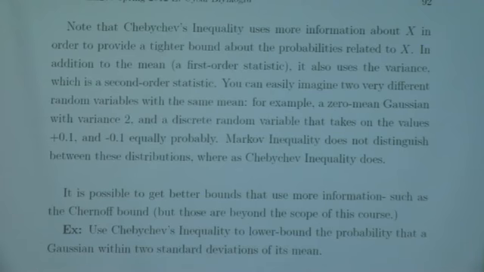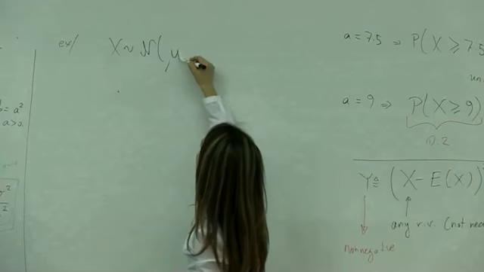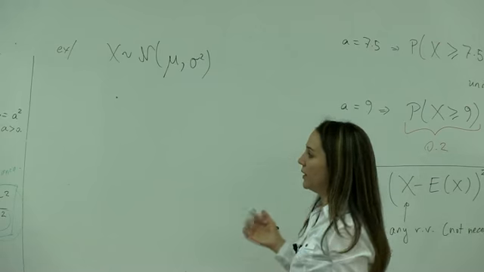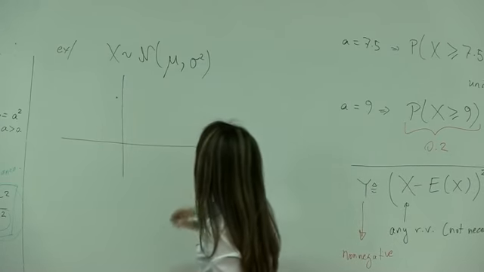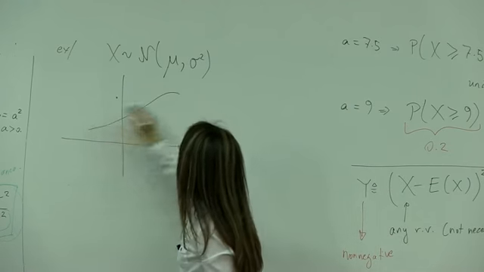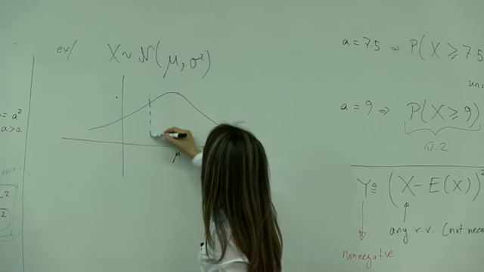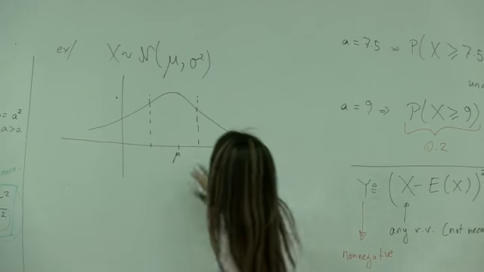Okay. So let x be any Gaussian. It's normal with some mean mu and some variance sigma squared. What do I need? I need the probability that x is outside of a certain window around the mean.